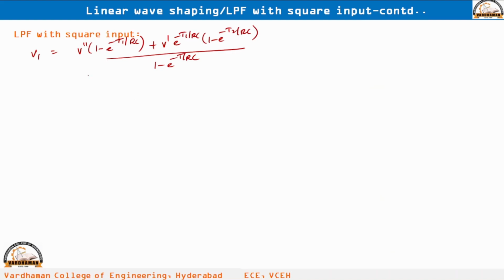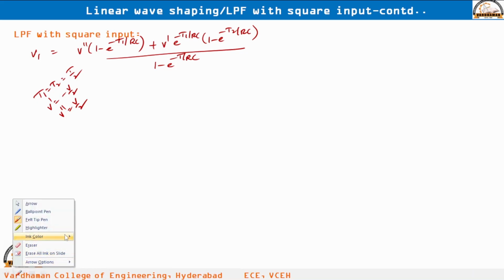Now we are substituting all those values: T1 is equal to T2 is equal to T by 2, V dash is equal to minus V by 2, V double dash is equal to V by 2. Then we will see what V1 becomes.